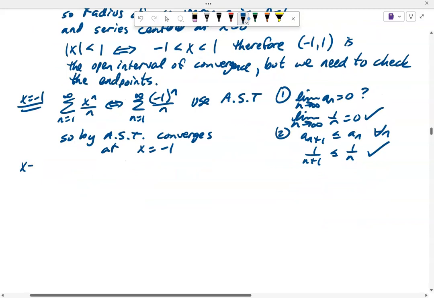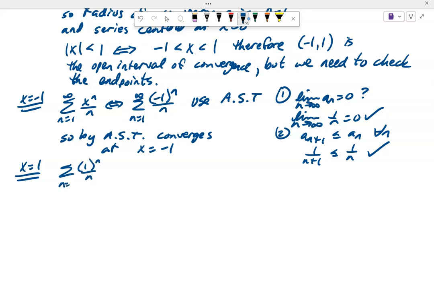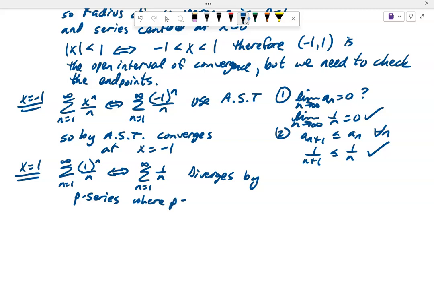What about at the other end, at the 1? Well, let's let x be 1, x to the n over n. Well, 1 to the n is just 1, so this is 1 over n, and this is a p-series. So this diverges by p-series, 1 over n to the p, where p is 1.